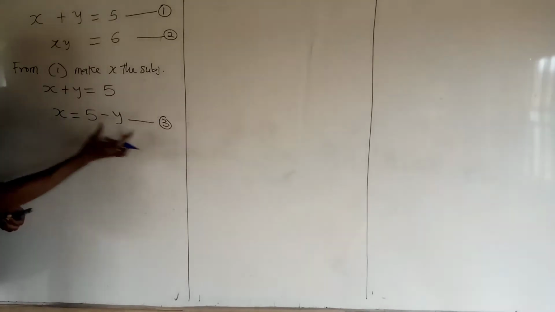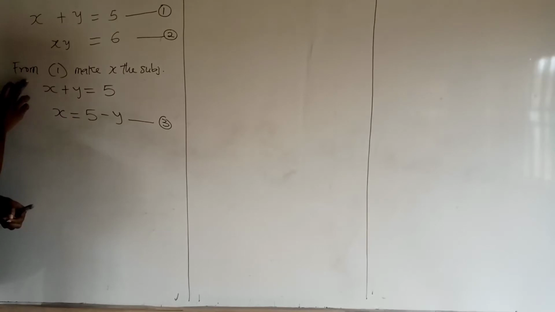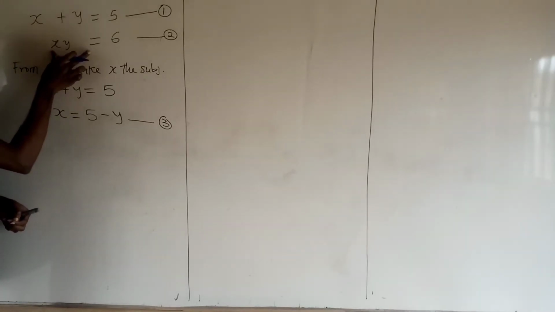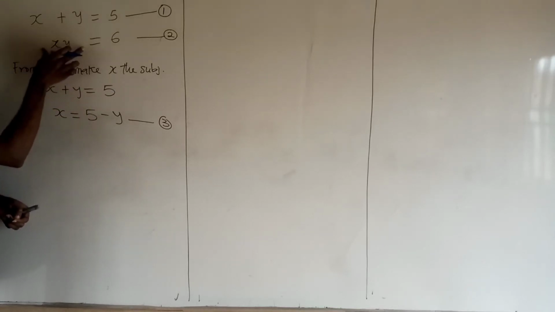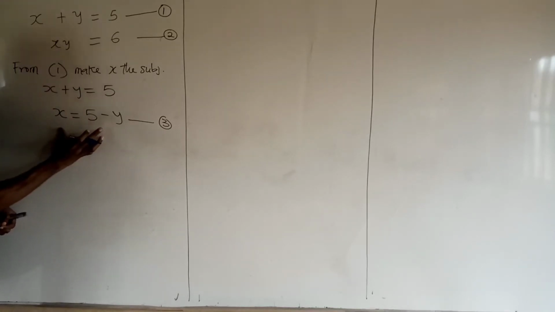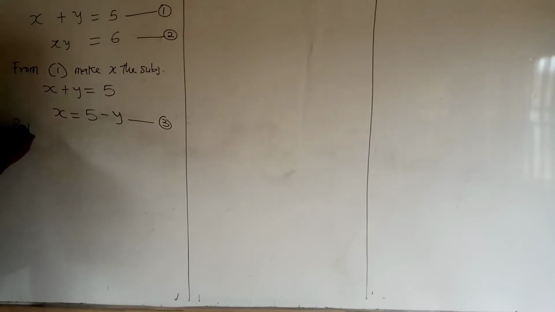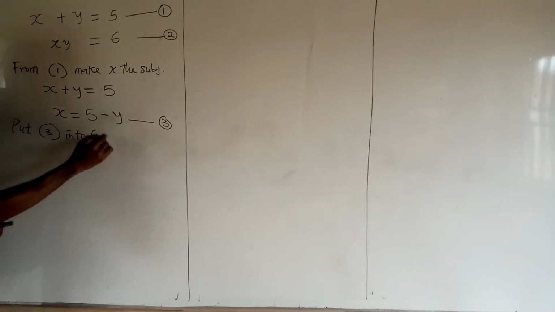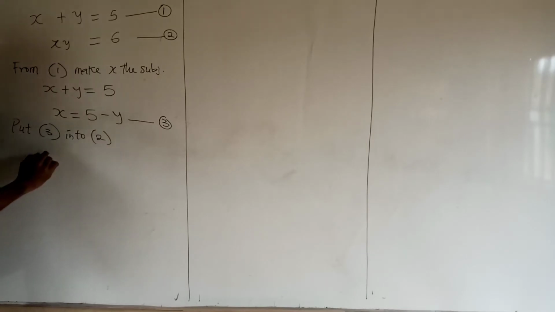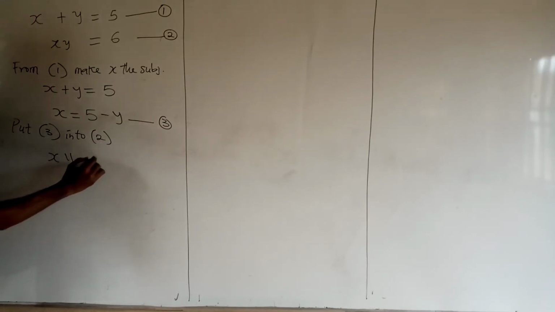Remember, I got this equation from equation 1, so that means equation 2 has been idle all this while. What I'm going to do with equation 3 is plug it into equation 2, and let's see how the result will be. Equation 2 is simply xy is equal to 6.